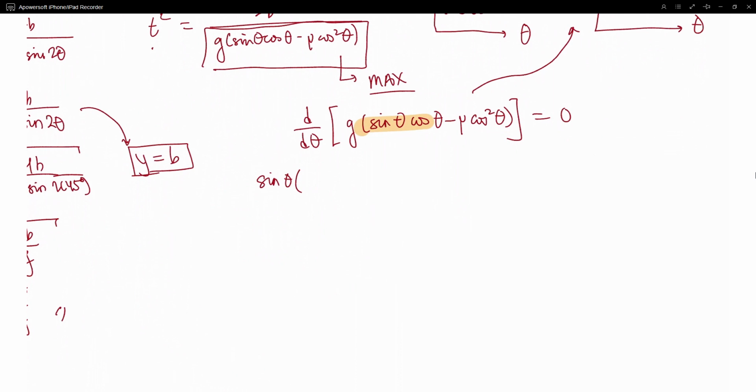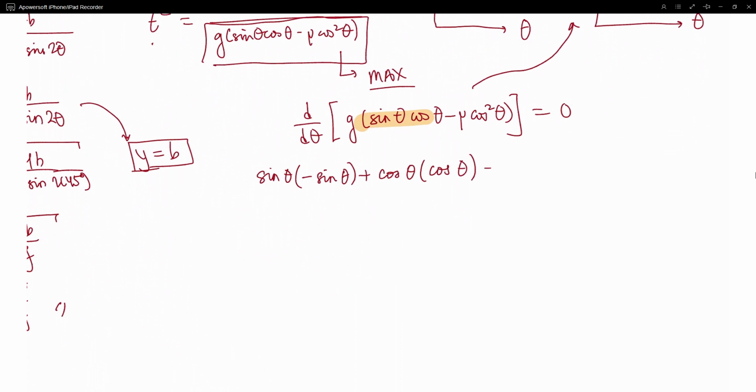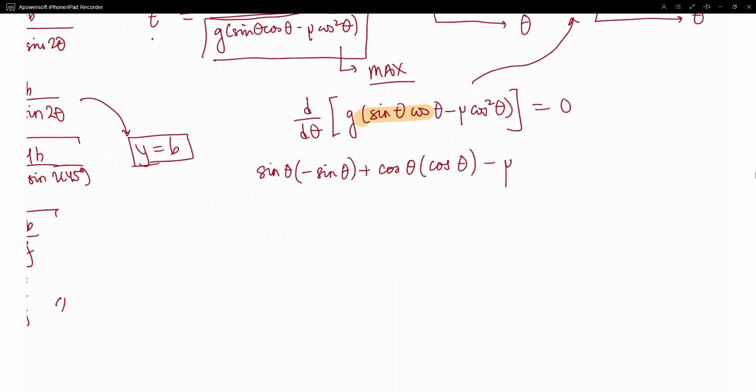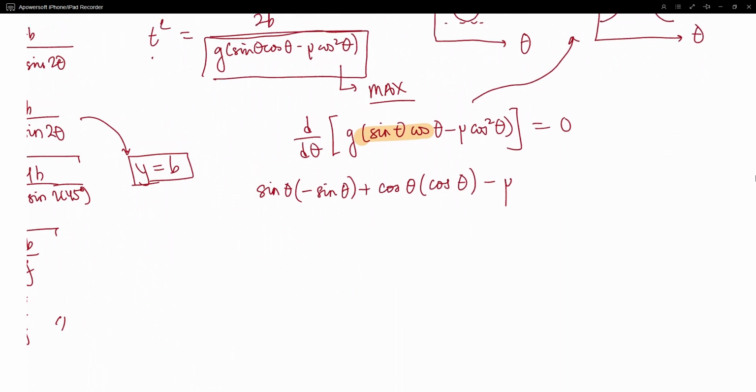The derivative of cos theta is negative sine theta, plus the derivative of sine, which is cos theta, and I keep my cos theta, minus mu, which is a constant, and cos squared theta, which is cosine theta to the power of 2. If you were thinking that I can differentiate this by just writing negative sine theta squared, which is sine squared theta, that's unfortunately wrong.